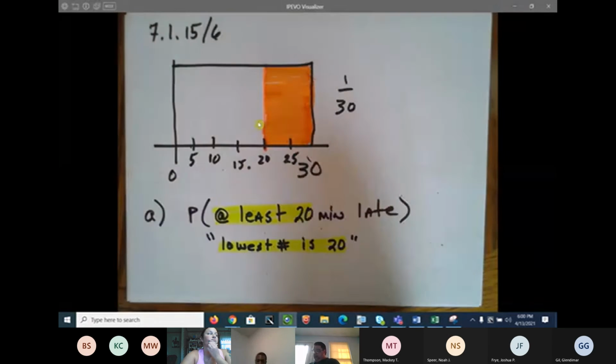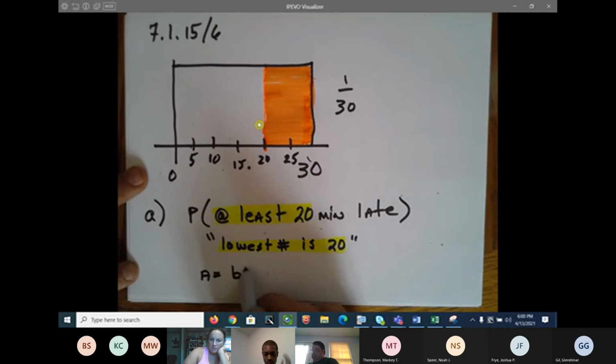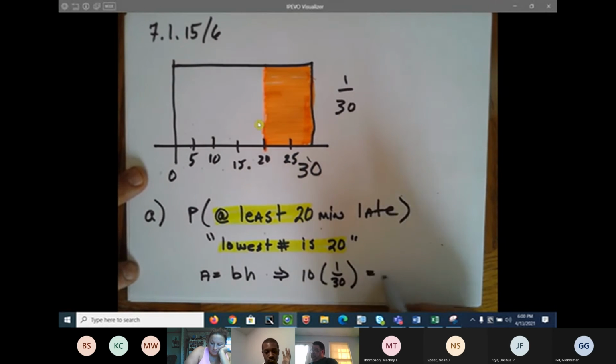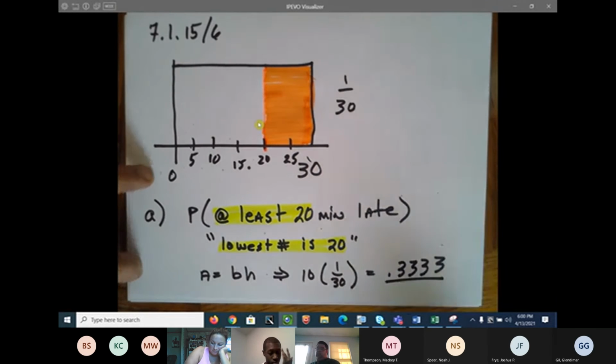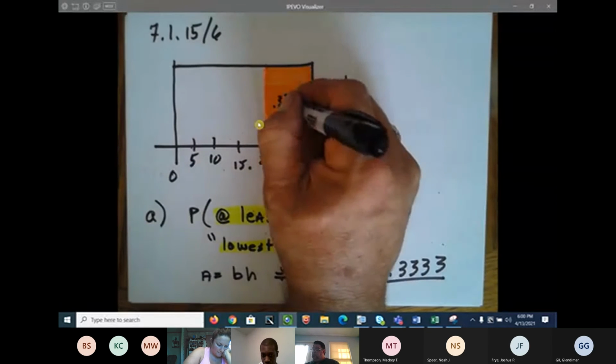Since the area is equal to base times height, that's going to be equal to 10 times 1/30, which is equal to 0.3333. And that is this number right here.